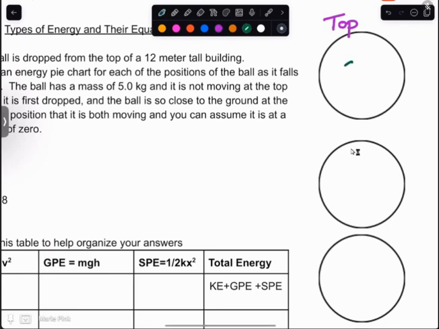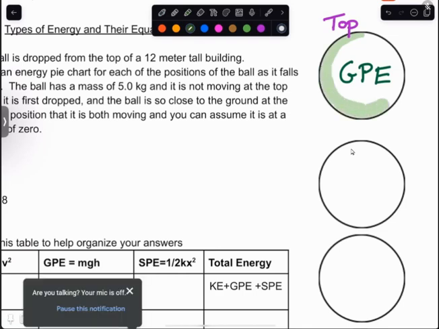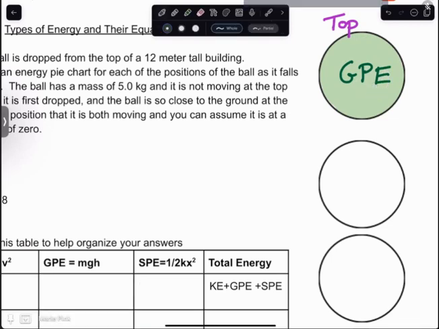This whole thing is gravitational potential energy, mostly because your kinetic energy is zero. And the reason our kinetic energy is zero is because the velocity is zero.